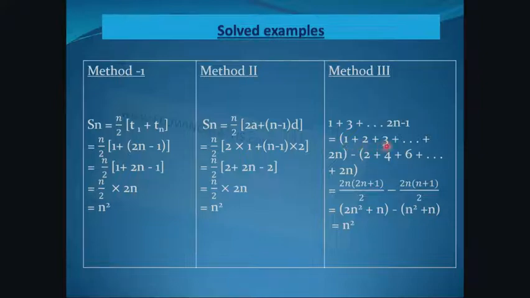So you take the sum of all the numbers up to 2n minus the sum of the even numbers up to 2n, then you get the sum of the odd numbers. We know from the formula, the sum of all the numbers up to 2n is 2n into (2n plus 1) upon 2. And we know from previous examples that the sum of even numbers up to 2n is 2n into (n plus 1) upon 2. Once you subtract that, you get the value n square.